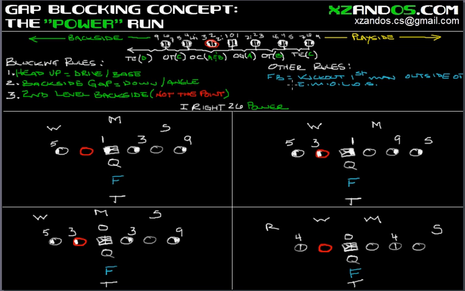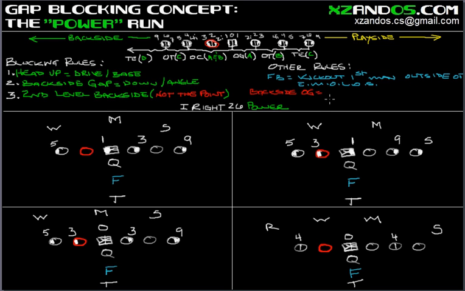let's talk about the backside guard, who again is in red. So I'm just going to put backside OG. Okay, and that's the guy in red in all diagrams, and even up here on the offensive line template.